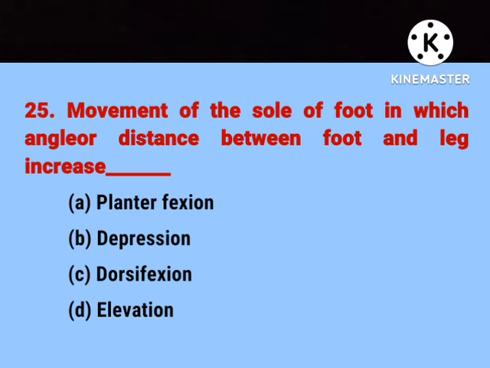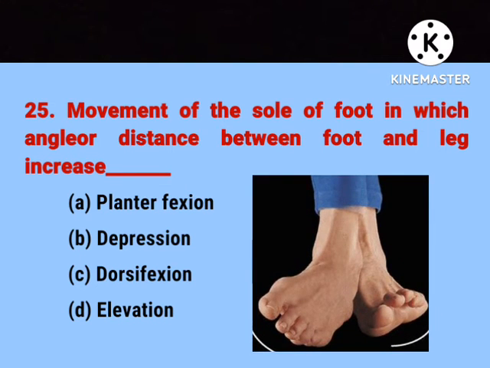Movement of the sole of the foot in which the angle or distance between the foot and the leg increases is known as: A. Plantar flexion, B. Depression, C. Dorsiflexion, D. Elevation.